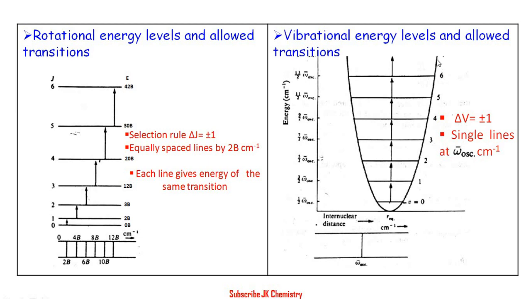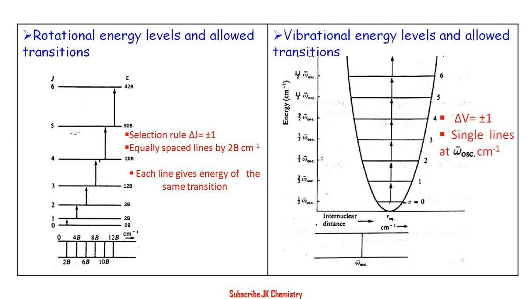This kind of curve you will get, the potential energy curve. On the y axis it is energy, and on the x axis it is internuclear distance. Here it is the equilibrium, that is the bond length. If you are taking HCl, this much length is called the bond length, or equilibrium. And this is the ground state.